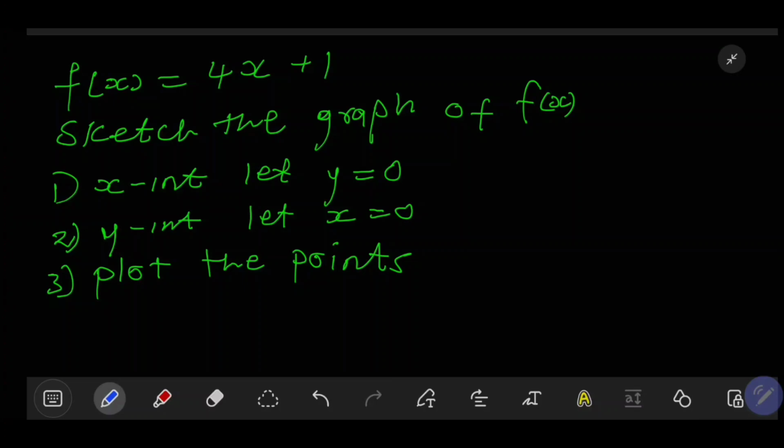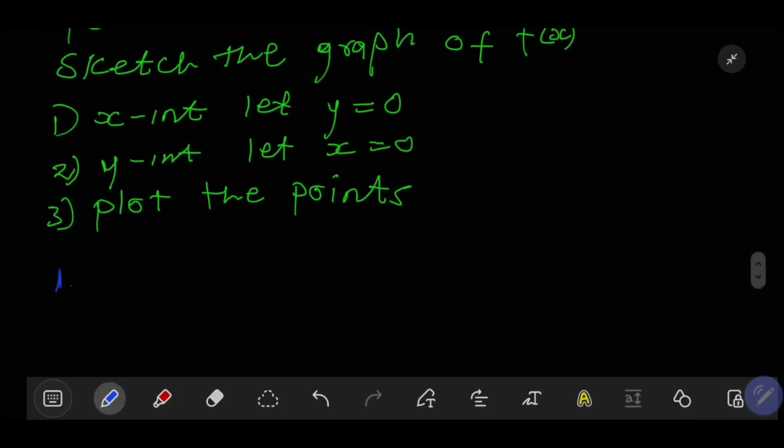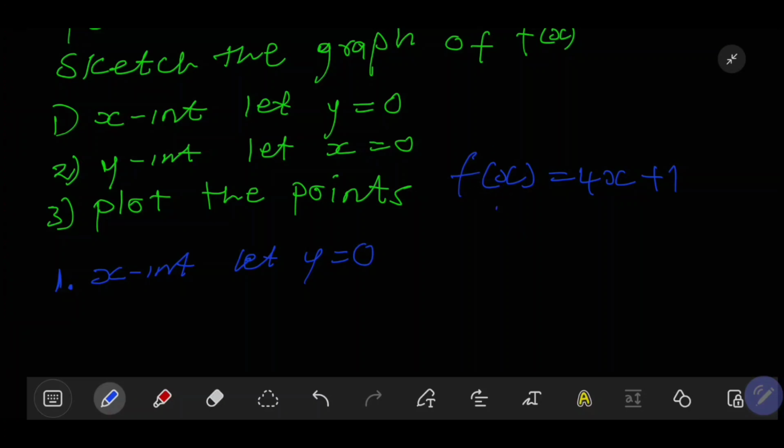To find the x-intercept, we must let our y value be equal to 0. Our function was f of x equals 4x plus 1, which is the same as y equals 4x plus 1. So for the x-intercept, we let y be equal to 0, so we have 0 equals 4x plus 1.